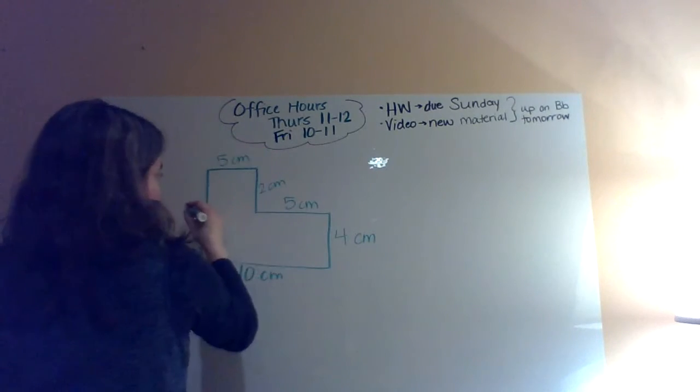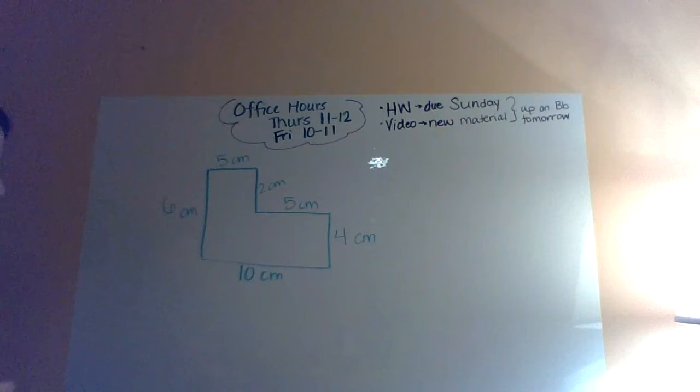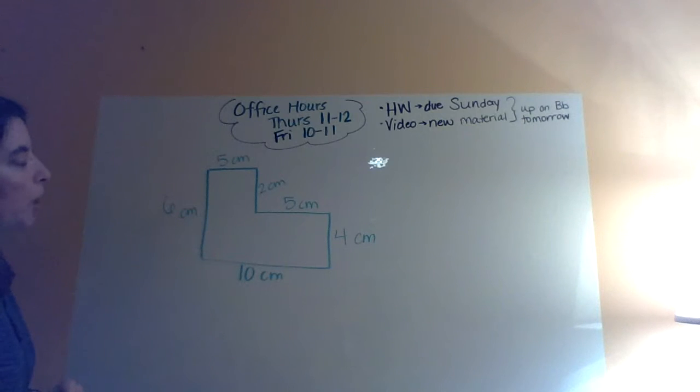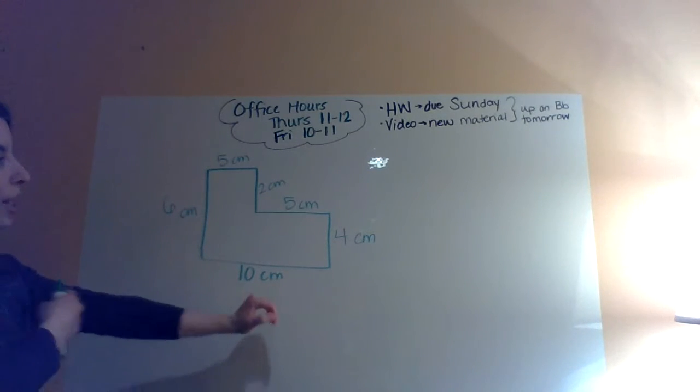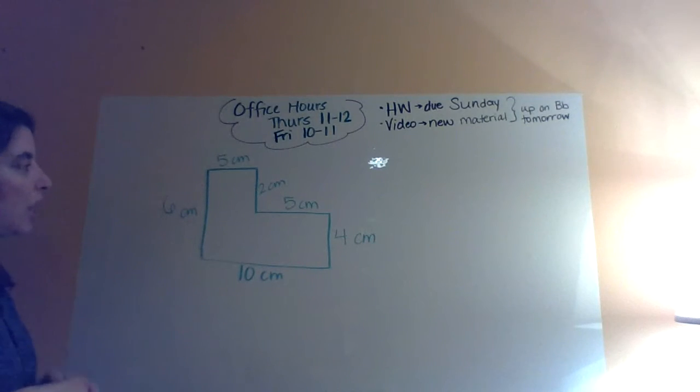Not quite to scale maybe, but we'll go with what the dimensions are here. Okay, so again, we don't have an area formula for this L-shaped piece, but we can figure out a way that we can either move things around, or kind of cut things off to come up with some shapes where we do know how to find their area.